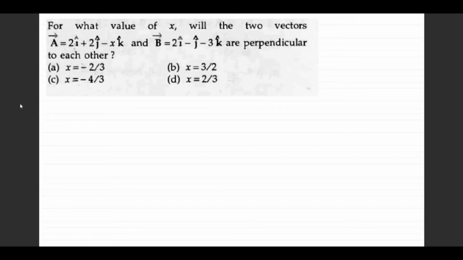The question says for what value of x will two vectors be perpendicular? So I know a simple rule. I just want to get A dot B to be 0 if they are perpendicular. So if I do dot product, I cap will get multiplied with I cap, J cap with J cap, and K cap with K cap.